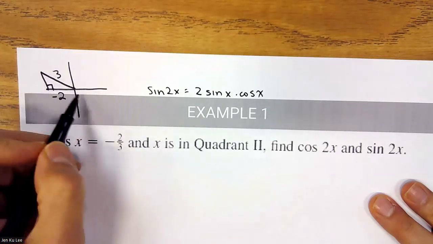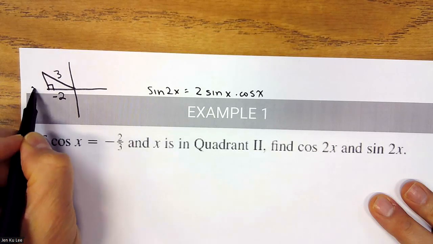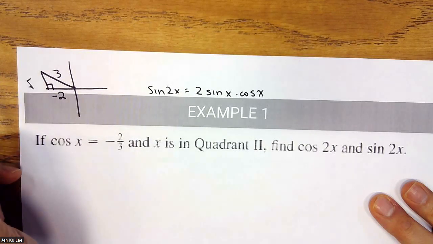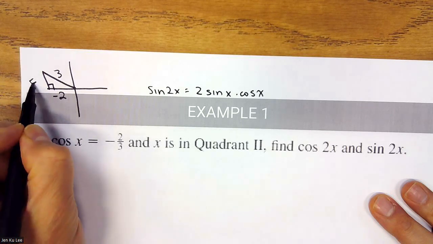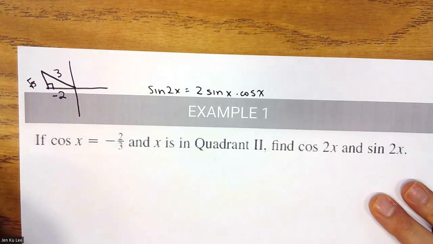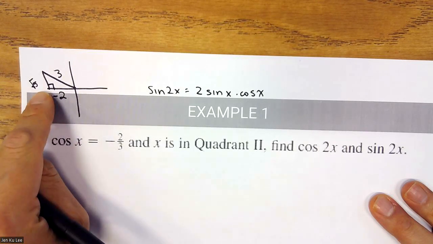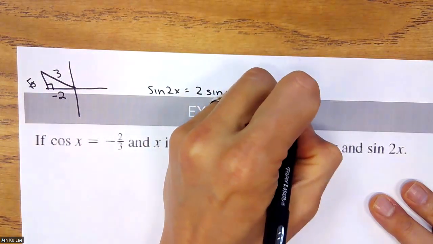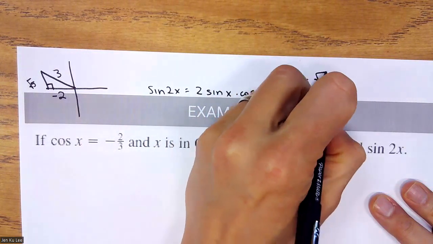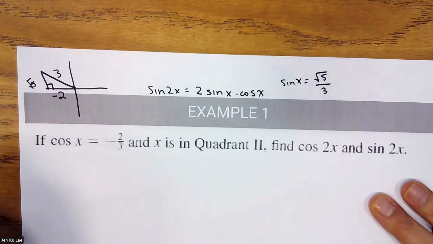Using the Pythagorean theorem, I know this side here is square root of 9 minus 4, square root of 5. Yeah, use the Pythagorean theorem to figure out that side. Okay? So my sine of x is equal to square root of 5 over 3. All right?